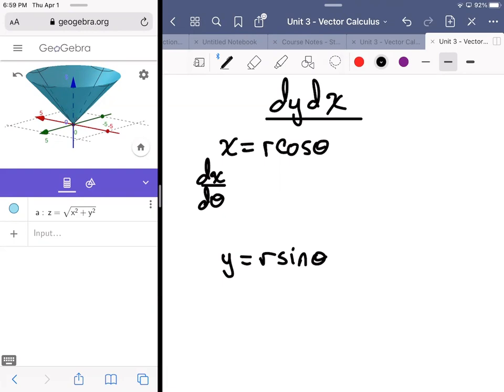It's all coming. So dx d theta: first times the derivative of the second, so r times the derivative of cosine theta with respect to theta, which is negative sine theta. It's with respect to theta, so we're good there, plus the second function, cosine theta, times the derivative of the first.